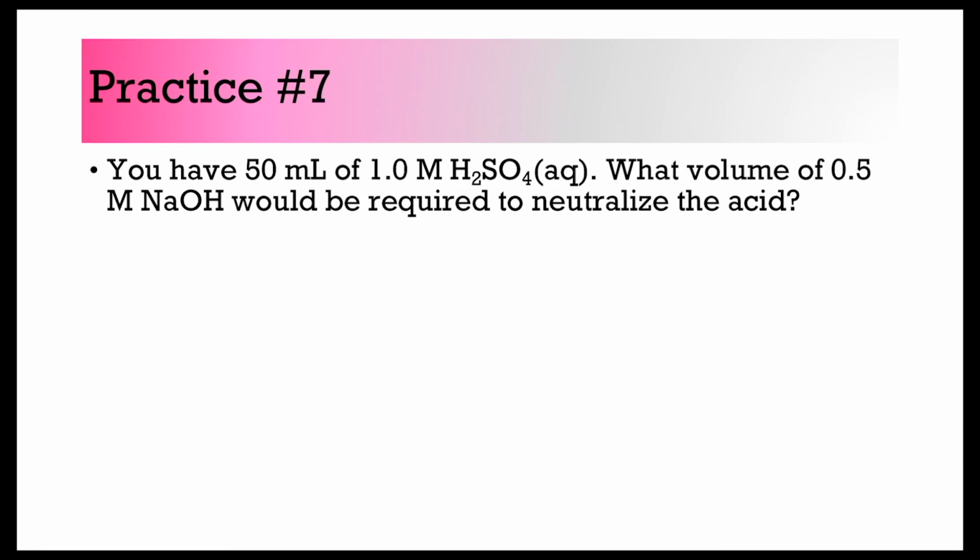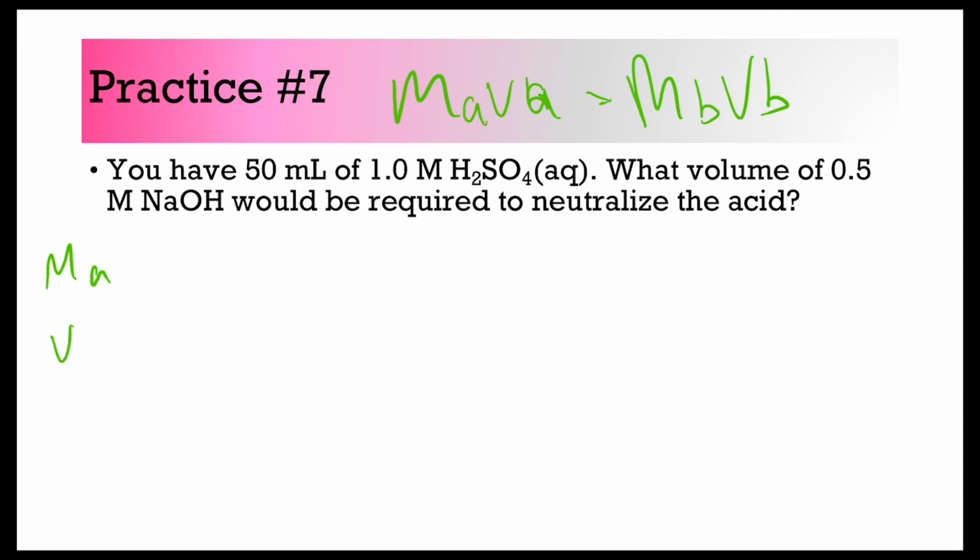Okay, number 7. Guess what? We're using the same equation we've been using. And we're going to list everything out for like the 500th time. So reading this, you have 50 mL of a 1 molar solution of H2SO4.